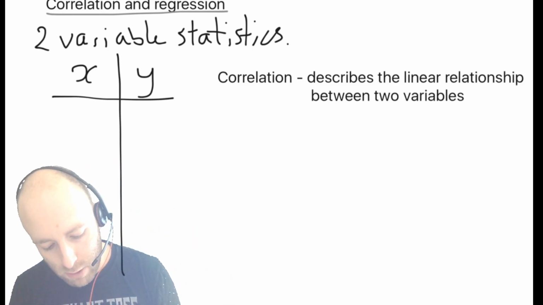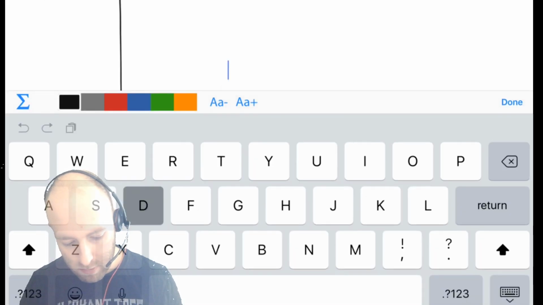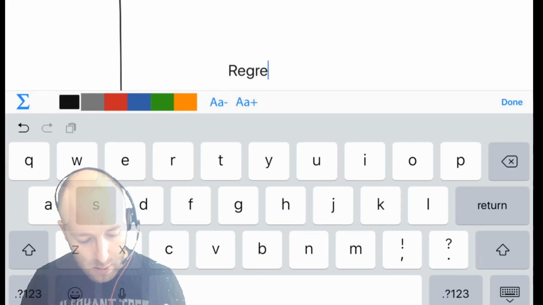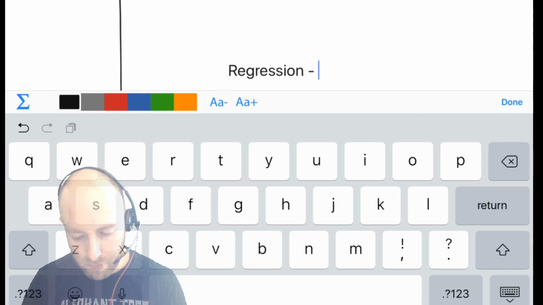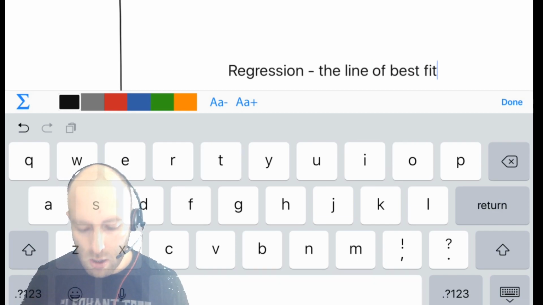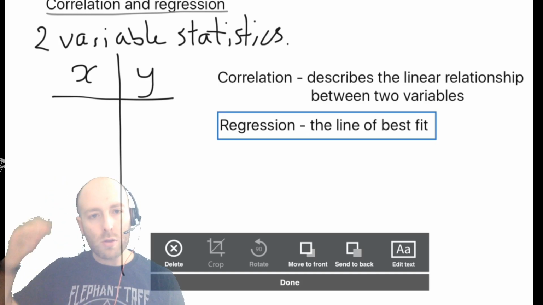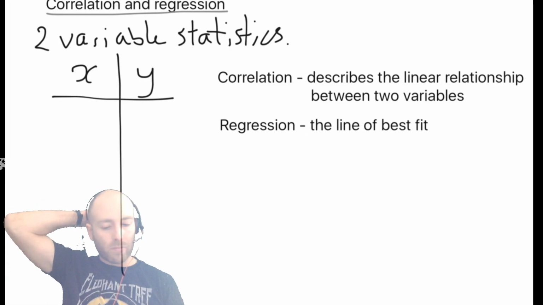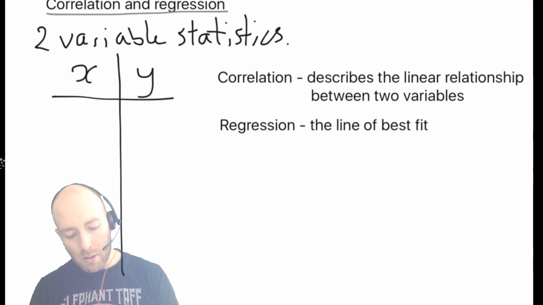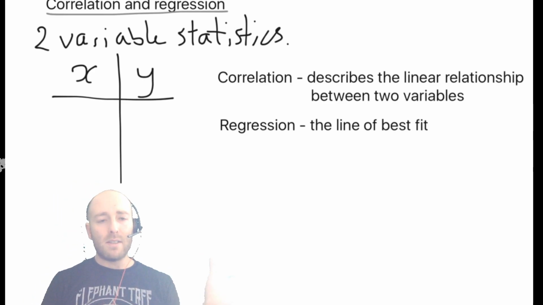And regression is basically the line of best fit, but it's a more mathematical way of finding a line of best fit. So those are our two topics we're looking at for the next couple of weeks. We're going to start with correlation, because if two variables aren't correlated, we can't plot a line of best fit. It doesn't make sense.